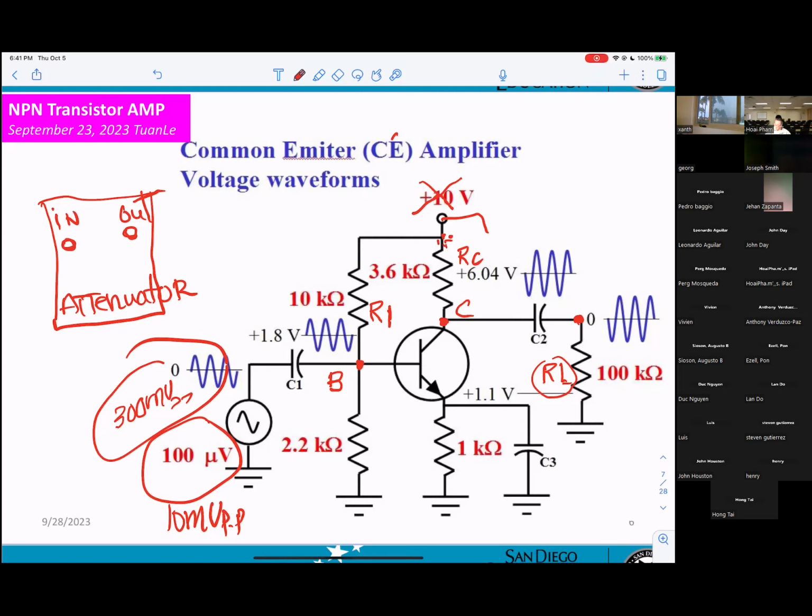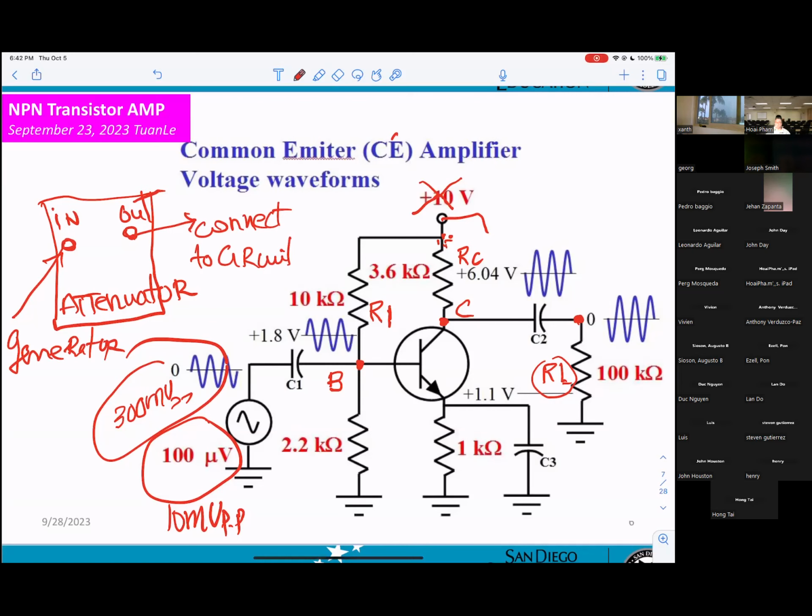So you connect this to the generator, and the output here connects to the circuit.